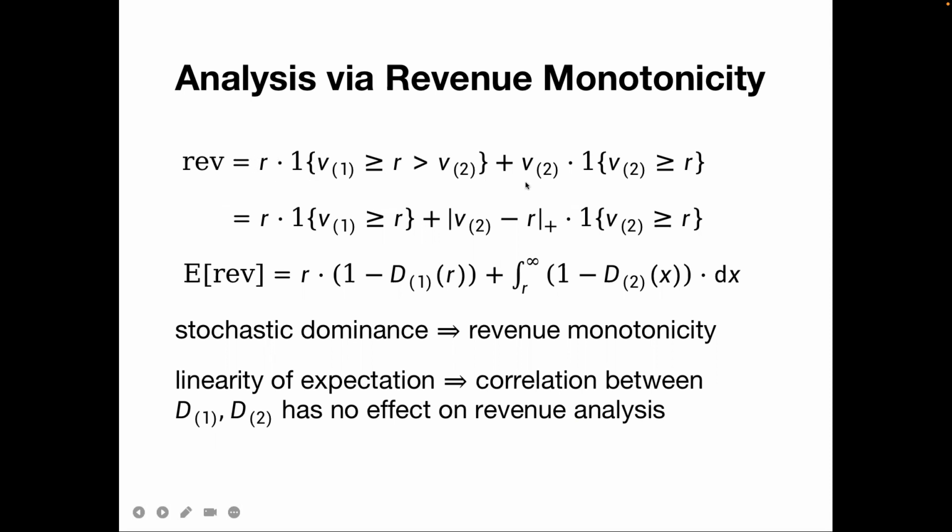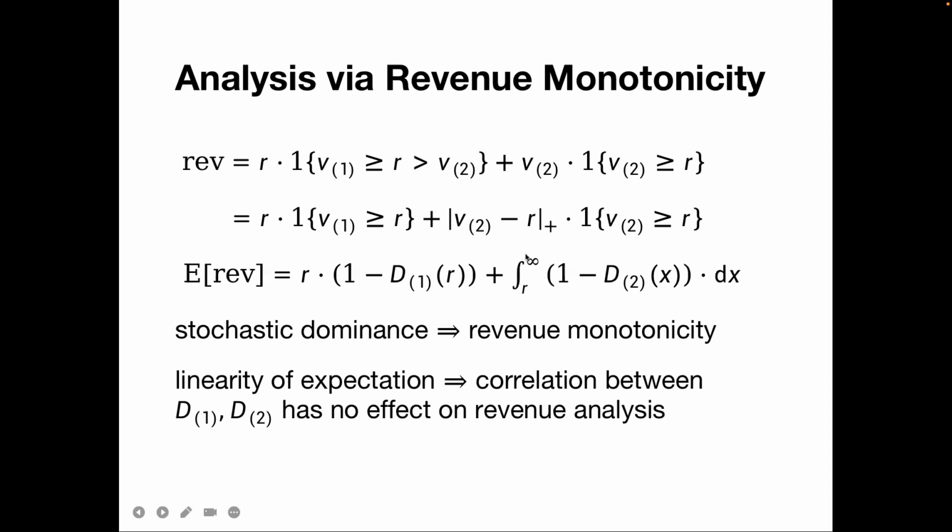And in the second case, there are at least two or even more bidders whose values are all above the reserve price. Then our auction is exactly the same as the second price auction, and the outcome revenue will be the second highest value. So we can rewrite the random outcome revenue in this formula, and after rearranging, write it in this form.